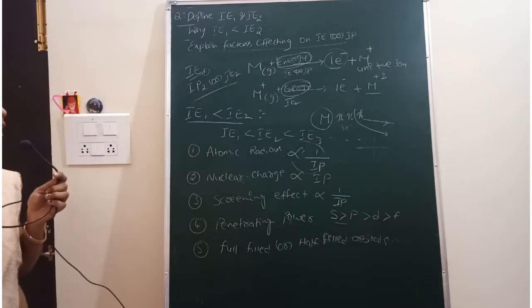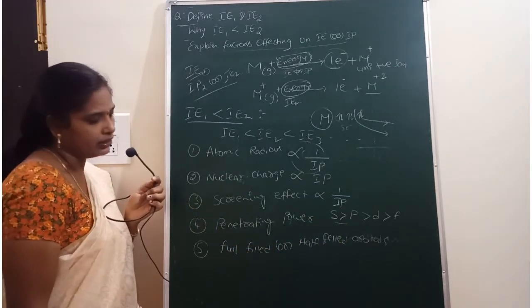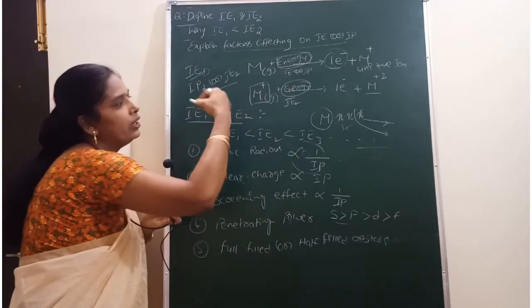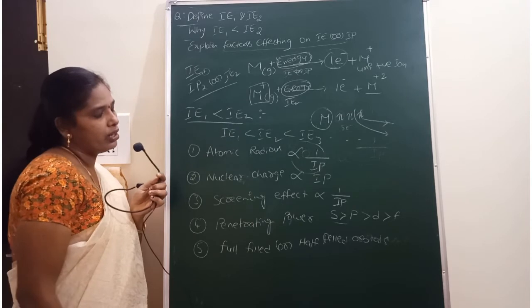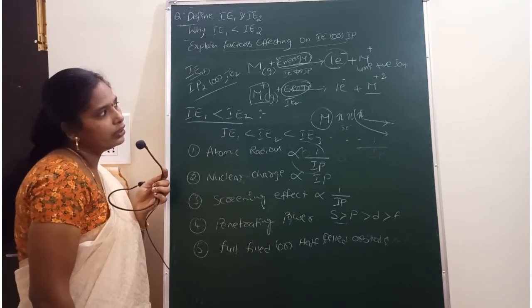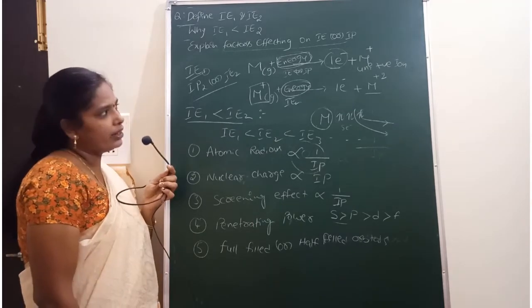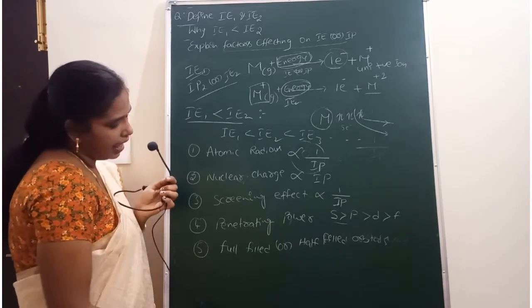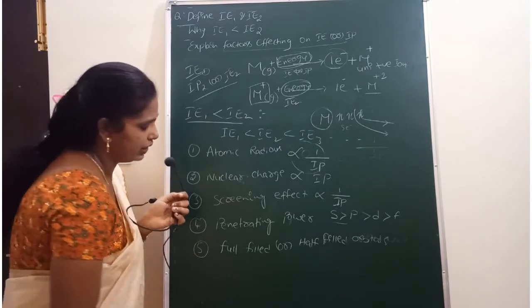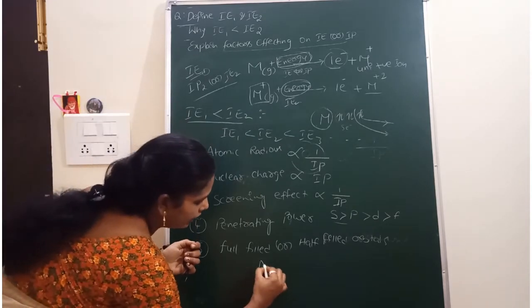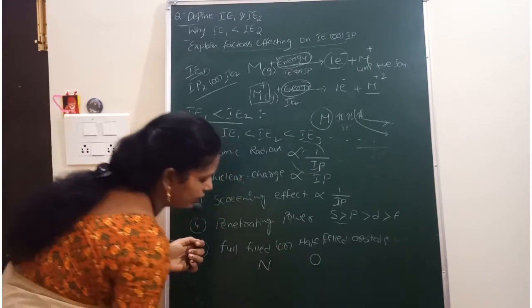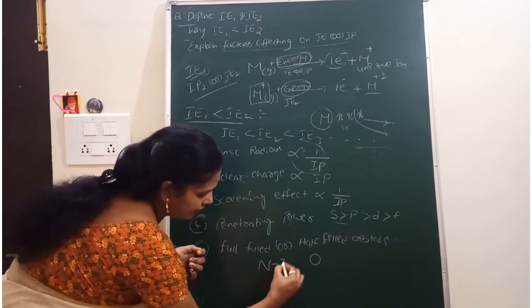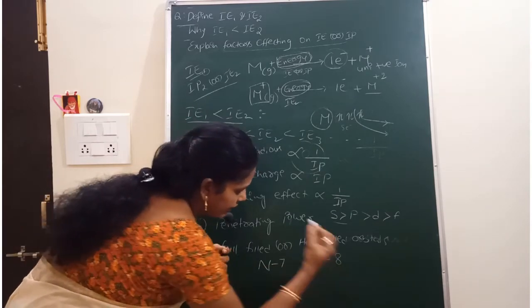And full-filled or half-filled orbitals. Suppose an isolated neutral gaseous atom has full-filled or half-filled orbitals. Let's take nitrogen and oxygen. Nitrogen's atomic number is 7 and oxygen's atomic number is 8.